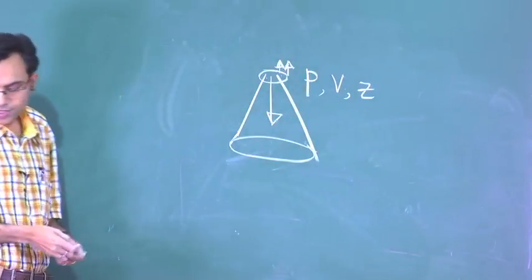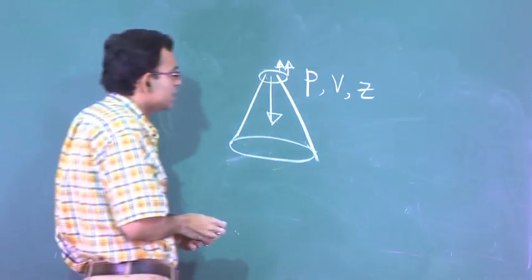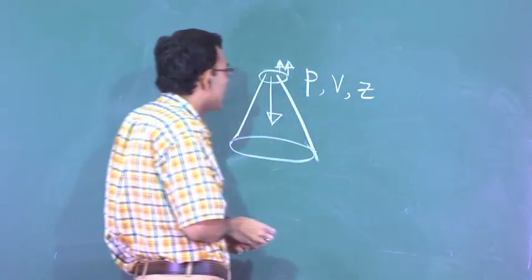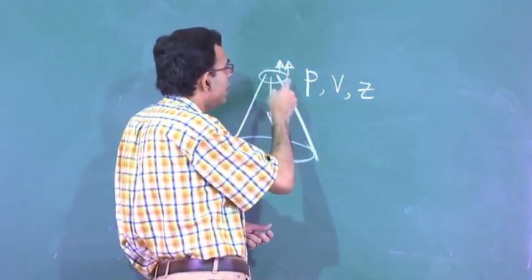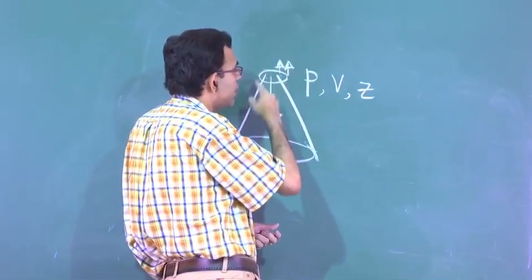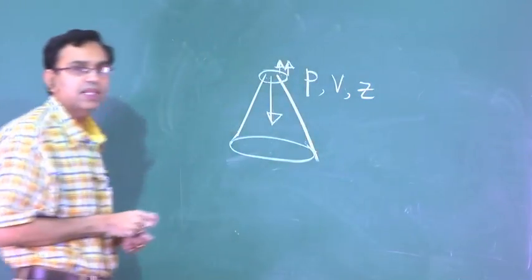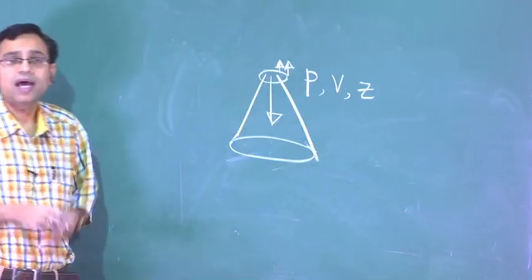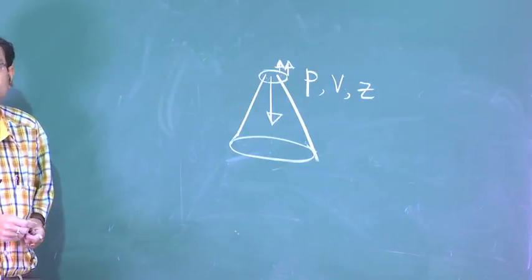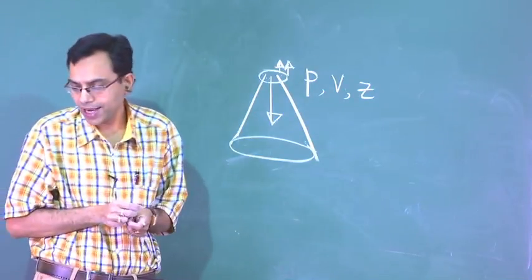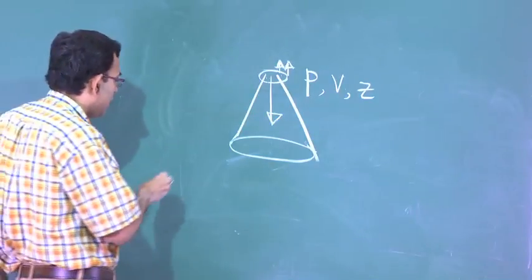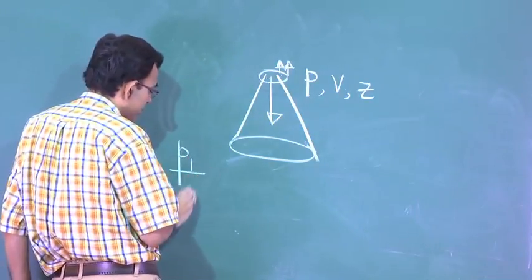One big question comes: just some time back I told that it is not the local velocity, but the average velocity that we are talking about. So, can we write the Bernoulli type of equation with the average velocity instead of the local velocity? Yes, we can do that, and let me write that equation.